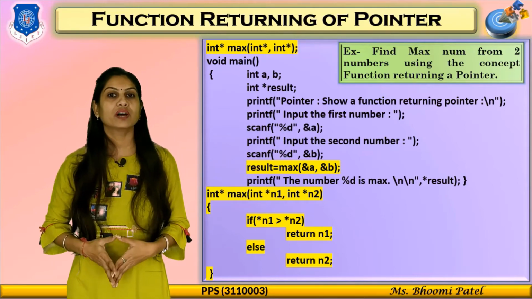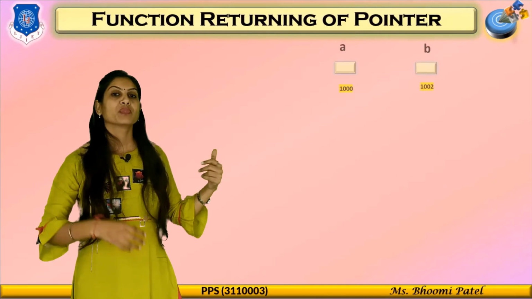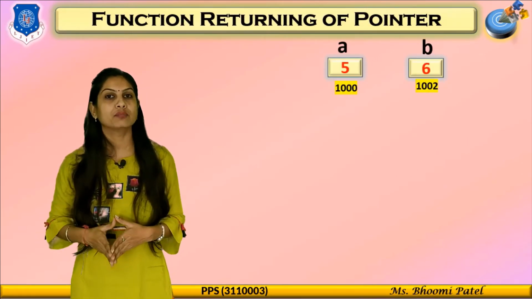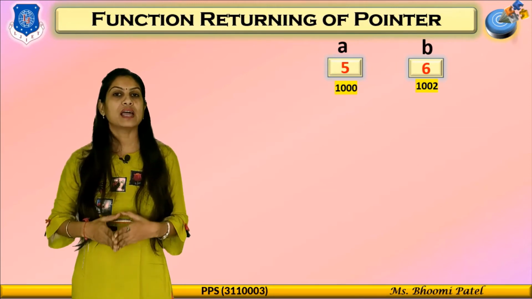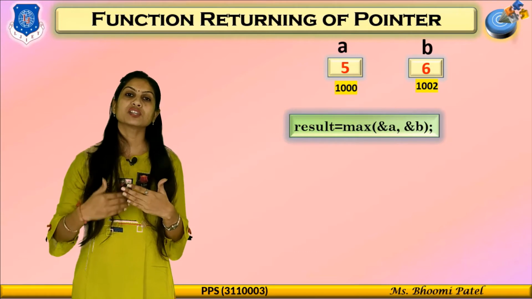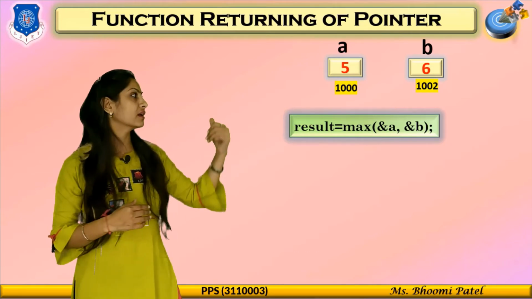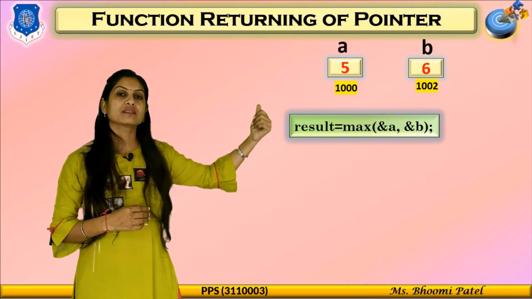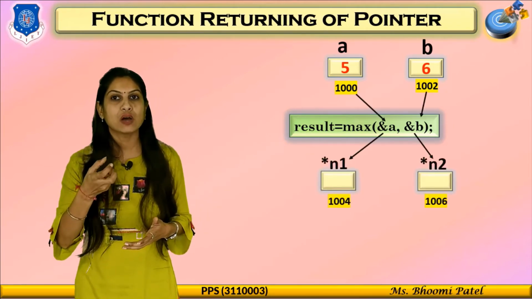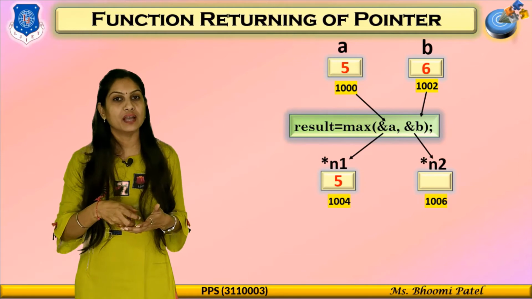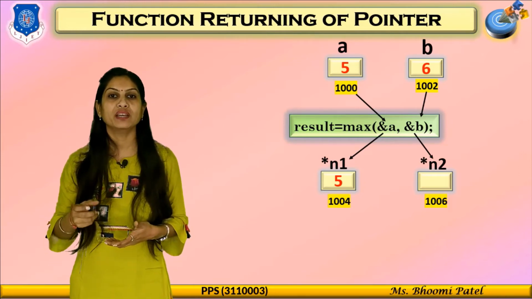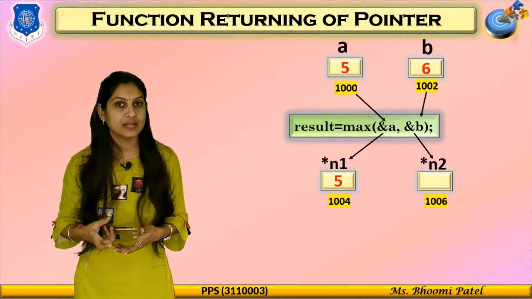How will this program work? Let's understand here. Suppose A is 5 and B is 6, entered by the user, and suppose their addresses are 1000 and 1002. Then when this function is called using the statement result equals max of address of A, address of B, the address of A, that is 1000, will be copied into n1, and the address of B, that is 1002, will be copied into n2 in our function definition.